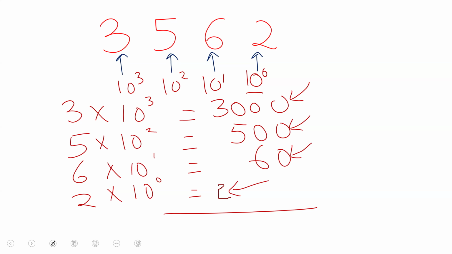The 2 has generated only a single digit. The other ones produce 2 digits, which we normally refer to as tens, then hundreds, thousands, tens of thousands, and the like. Okay, so that's basic mathematics, my friends.